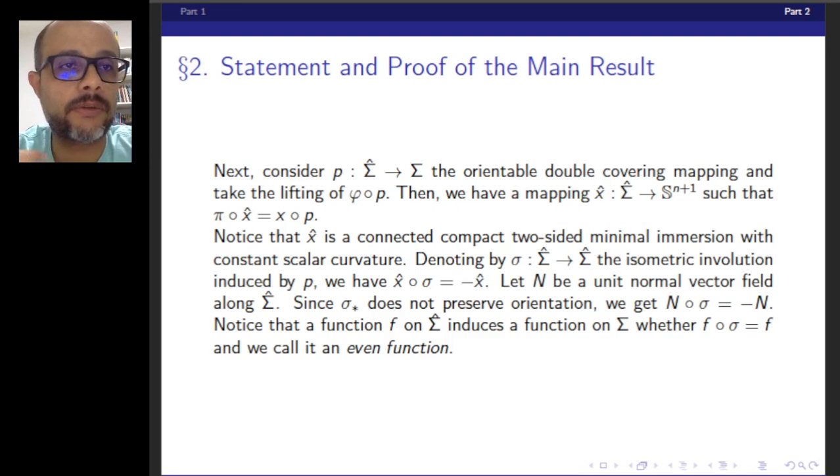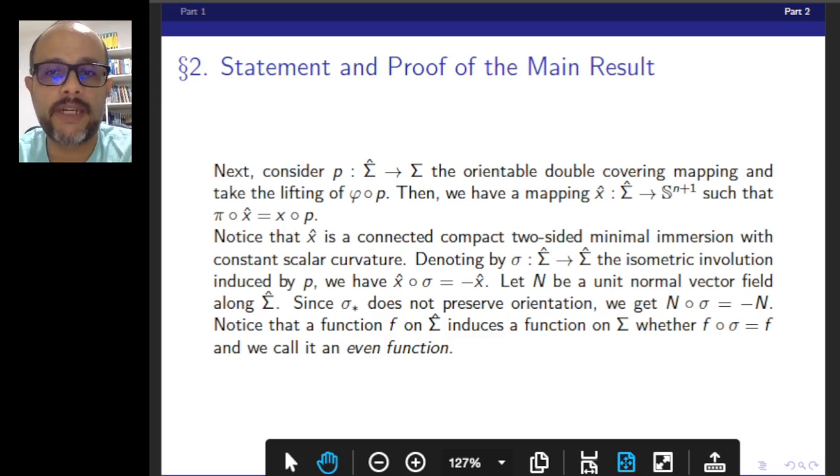It's a direct condition because sigma permutes the fibers. So consider N a unit normal vector field along sigma hat, and use again that the derivative of sigma does not preserve orientation, to deduce that N composed with the involution is equal to minus N. Okay?